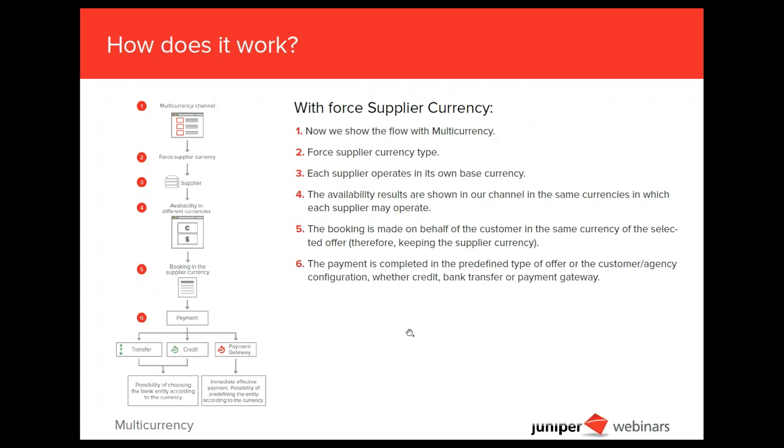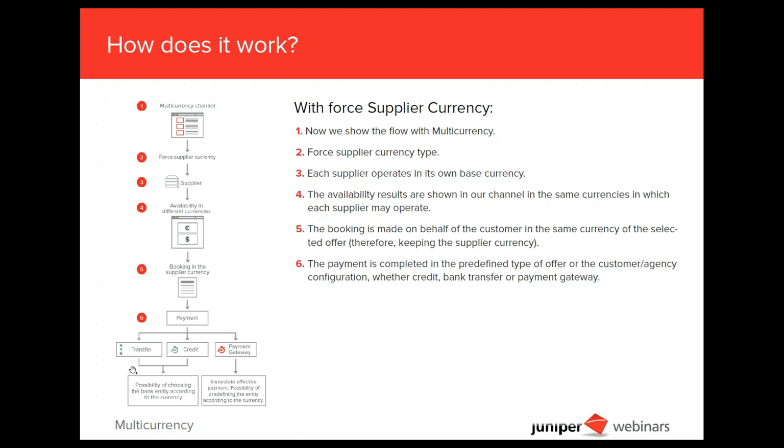The payment is completed in the predefined type of offer for the customer agency configuration, whether credit, bank transfer, or payment gateway. And here we have the distinction between transfer and credit versus payment gateway, because in these two cases, the client is not paying at the same moment. So there are those 6 months we mentioned before.